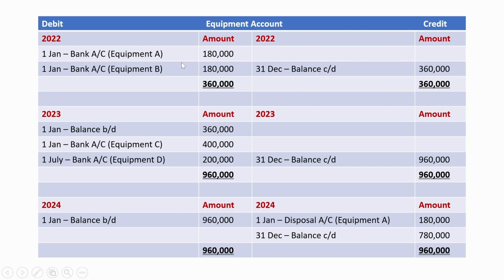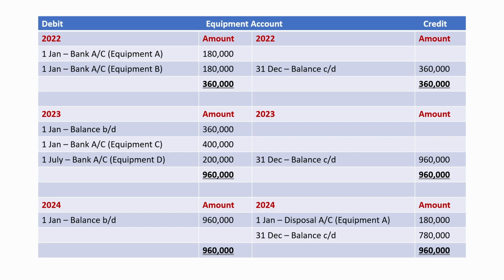Those are the only assets that were purchased. There was no asset that was disposed of in that year. So by the end of this year, calculate the balance carried down, which is the two you add, 180 plus 180, giving you 360. So by the end of the year, that 1st December, the balance carried down will be 360,000.